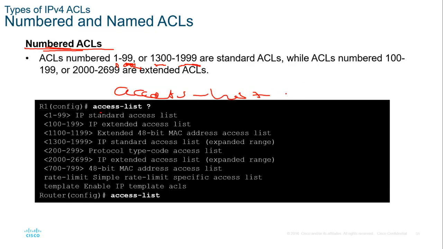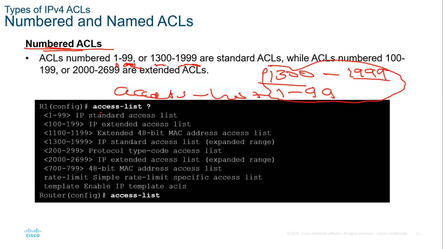So if it ranges from 1 up to 99 or 1,300 to 1,999, then this is a standard access control list. We have 1 to 99, it's standard. We have 100 to 199, it is extended.